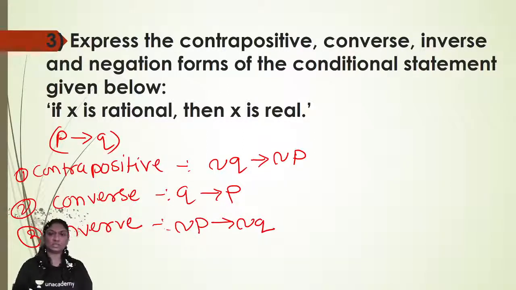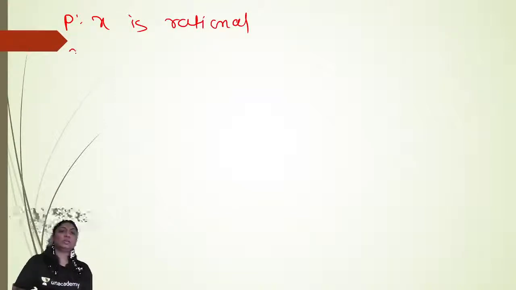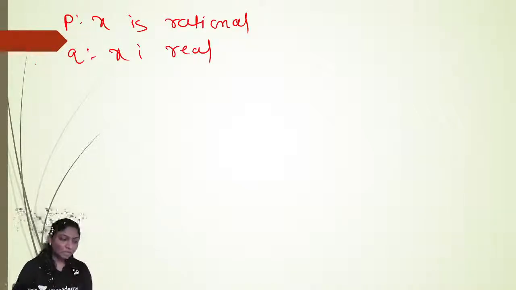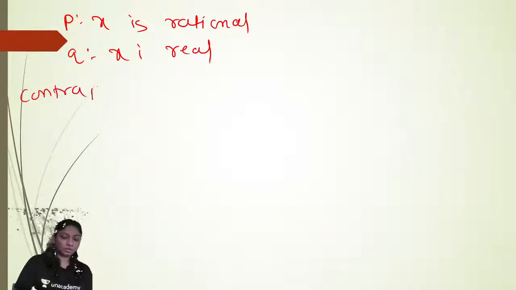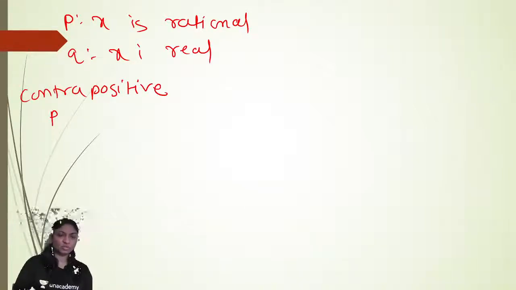Contrapositive, converse and inverse. So we can write this statement: if X is rational, then X is real. So P is a statement, X is rational. Q is a statement, X is real. So what is our first statement? If X is rational. So contrapositive we can write here first. P implies Q. Contrapositive of this is negation of Q implies negation of P. Right?